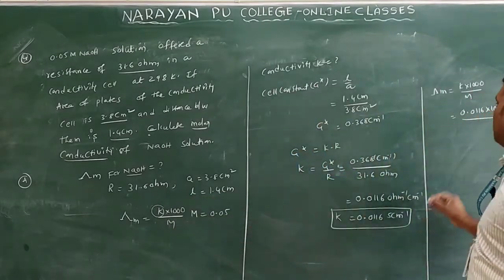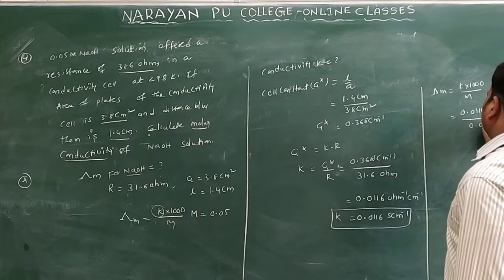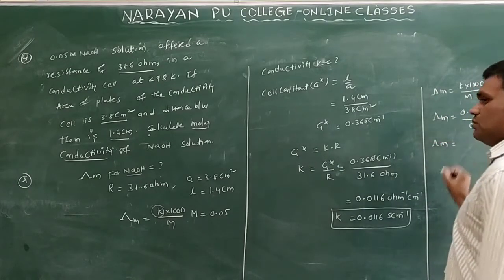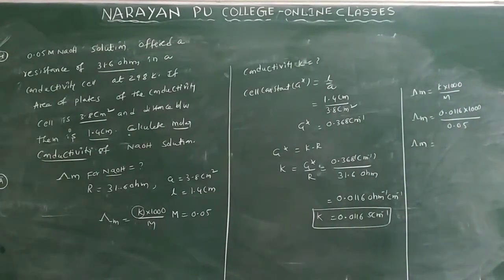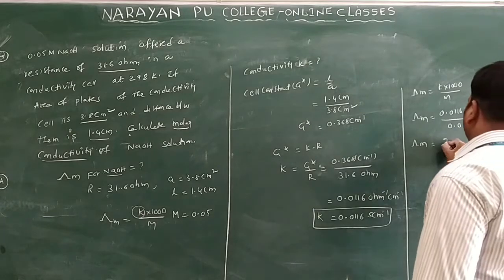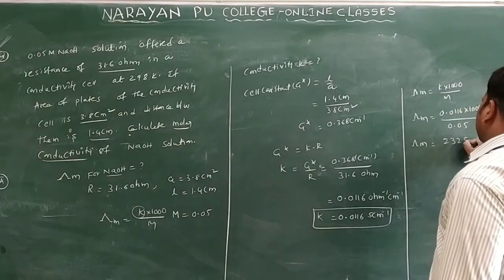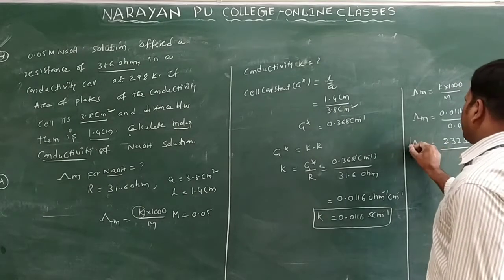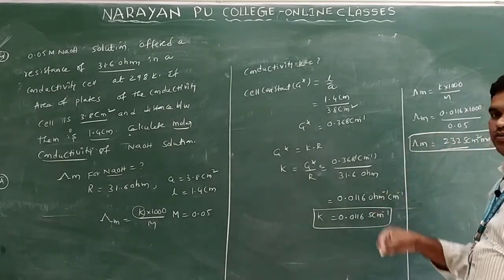That is 0.051. So do this calculation. You will get 232 Siemens centimeter square mole inverse only.